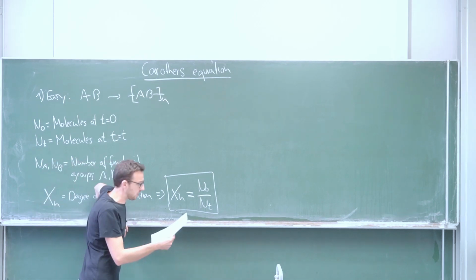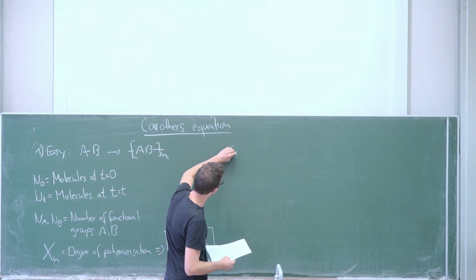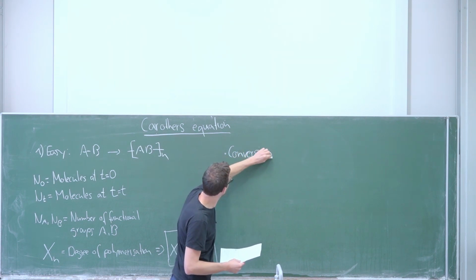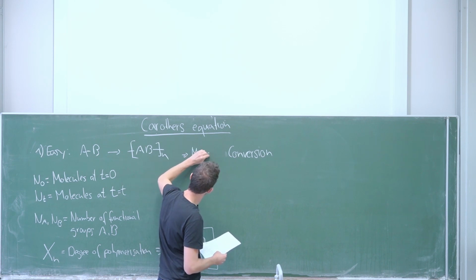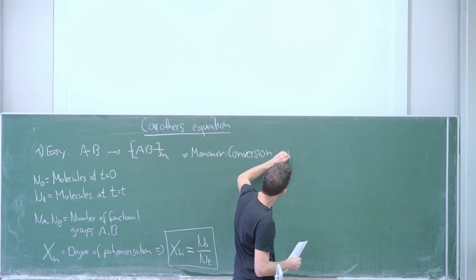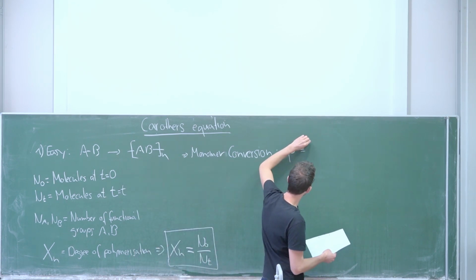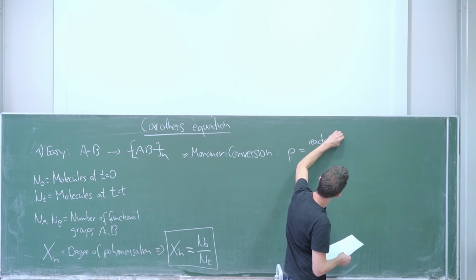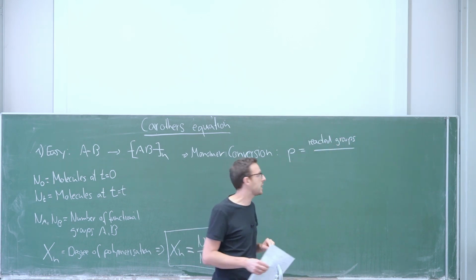Okay, so now let's continue. So now we look at the conversion of monomers. The monomer conversion, and this is typically called small p, is defined as the number of reacted groups divided by the total number of groups at the beginning.